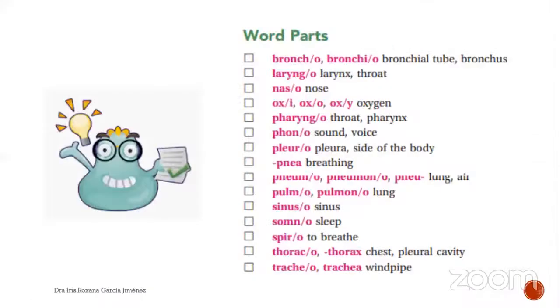About the word parts, again, we have to check the word root, the suffix. In this case, broncho, bronchi, larynx, nas, oxy, oxo, pharyngo, phono, pleuro, pneumo, pneumono or pneu, pulmo, pulmono, sinus, sinuso, somno, spiro, thorax, thoraco, or trachea, tracheo.